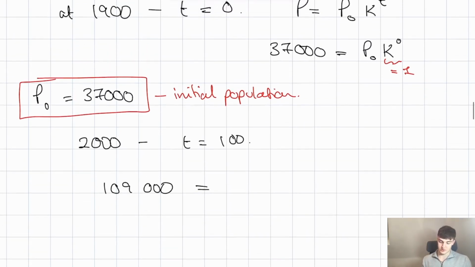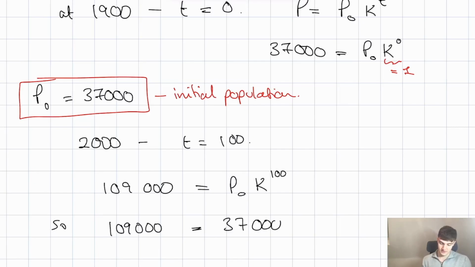That's going to be equal to P naught k to the 100. But we now know what P naught is. We've just worked it out. It's 37,000. So 109,000 is equal to 37,000 times k to the power of 100.